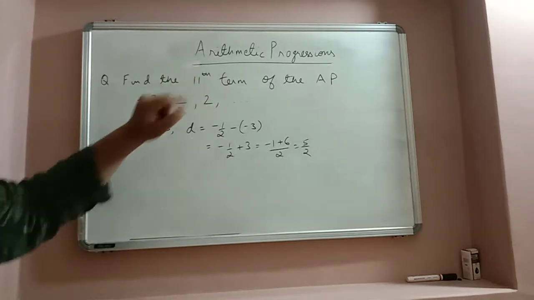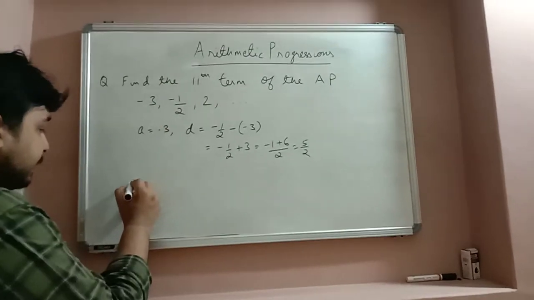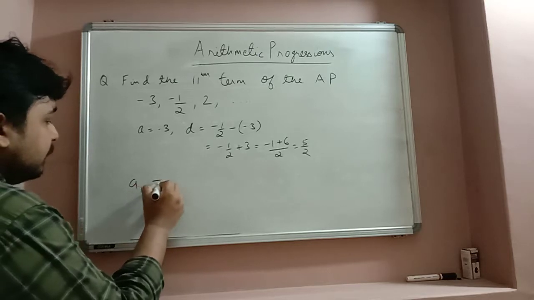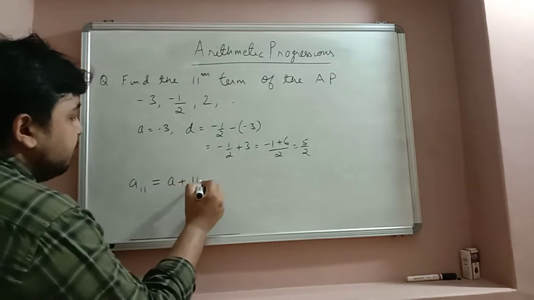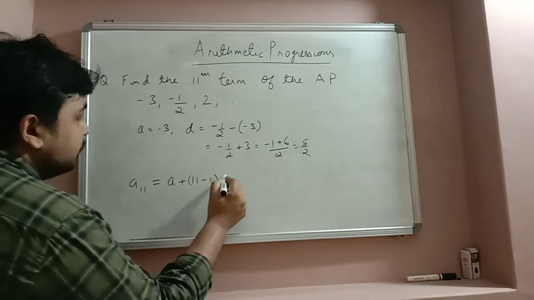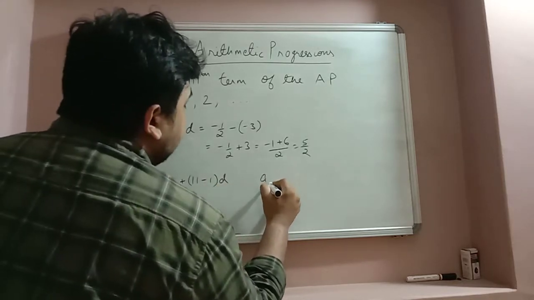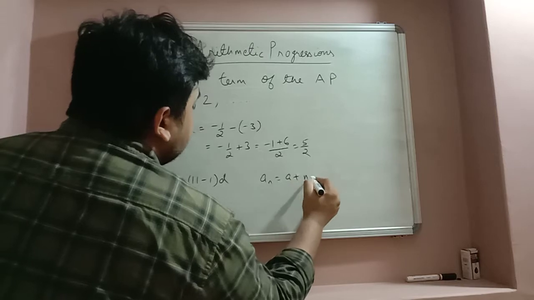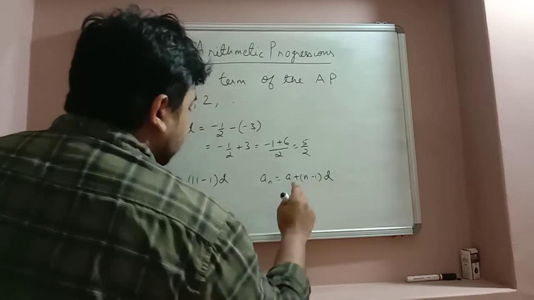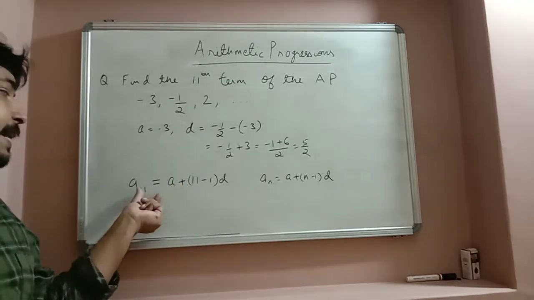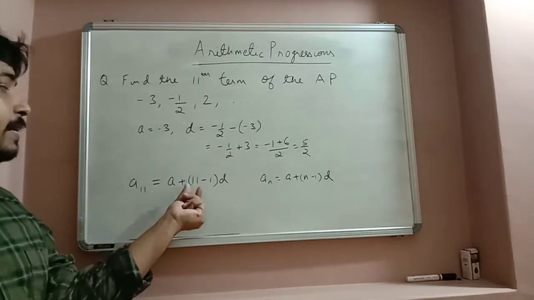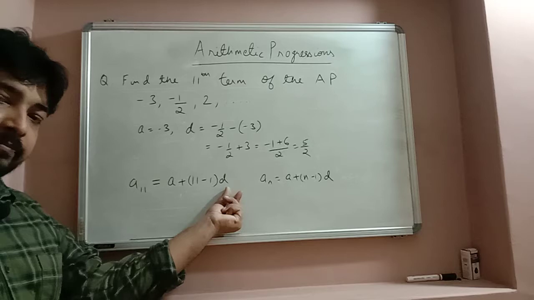Now we need to find the 11th term. So it will be denoted by a_11 equals a plus (11 minus 1) into d. We have used a_n equals a plus (n minus 1) into d. Here I have put the value of n as 11. So I got a_11 equal to a plus (11 minus 1) into d.